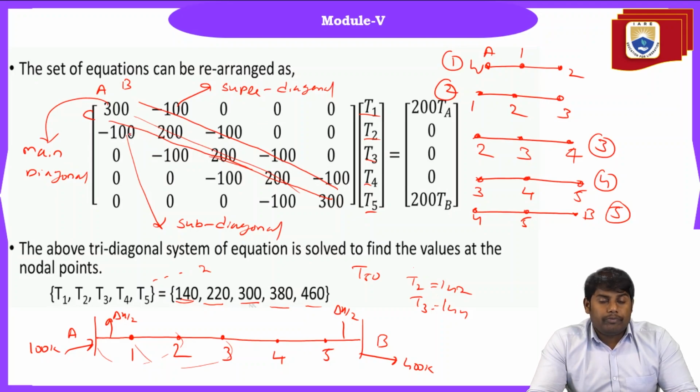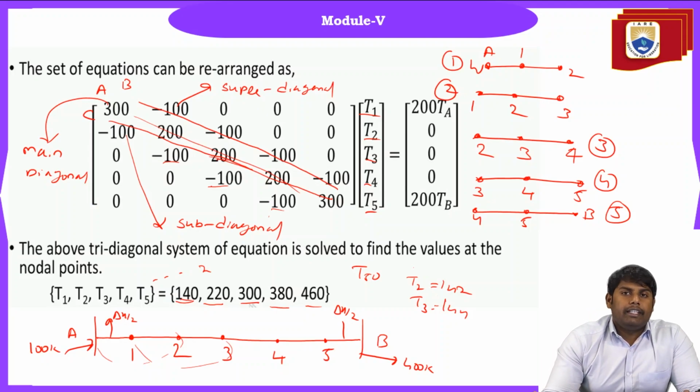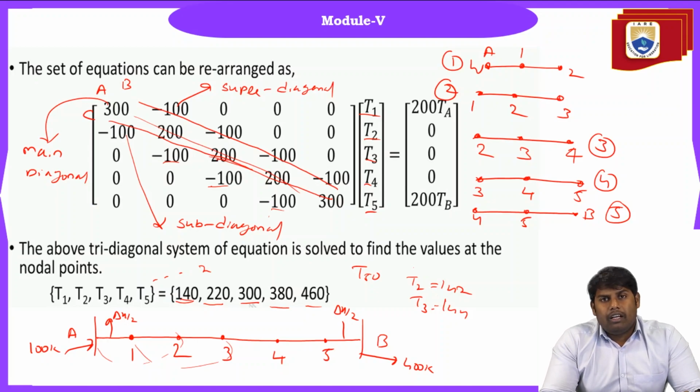For the interior nodes you can see that you have three coefficients: A1, A2, A3; A2, A3, A4; A3, A4, A5. For the boundaries you can see A1 and A2, and A4 and A5. For the boundaries we are missing one node. For the boundary, the east node is missing, therefore AE is 0.